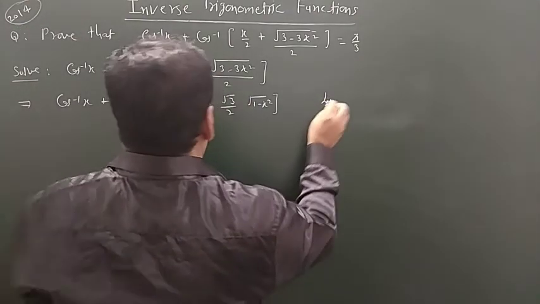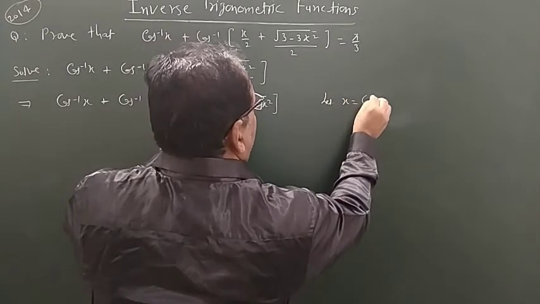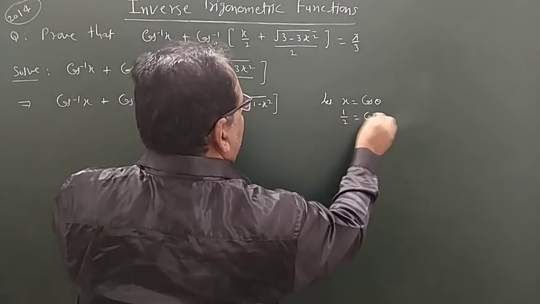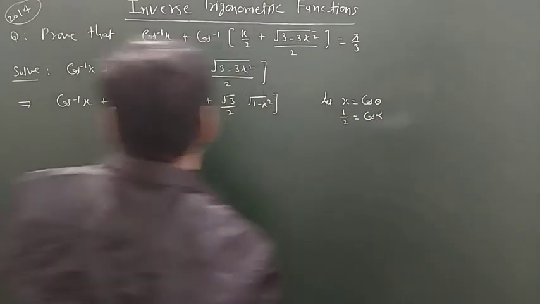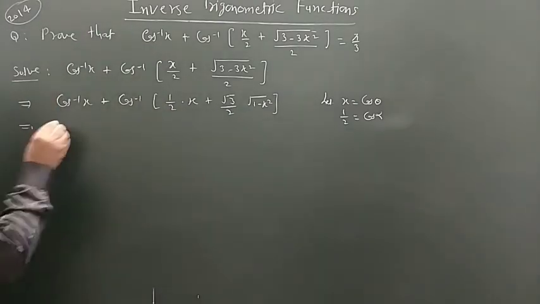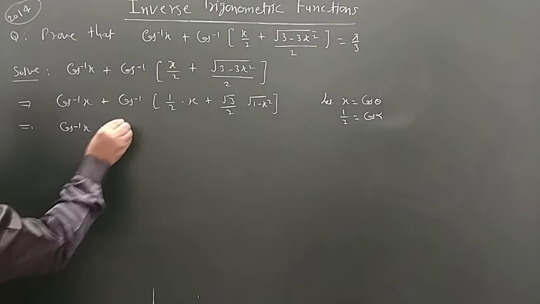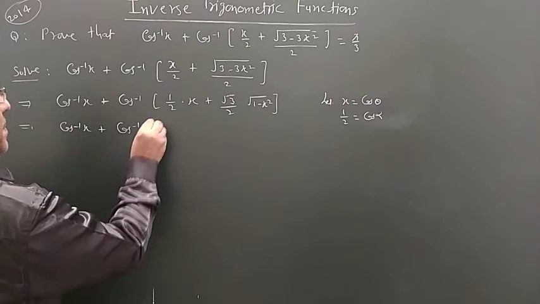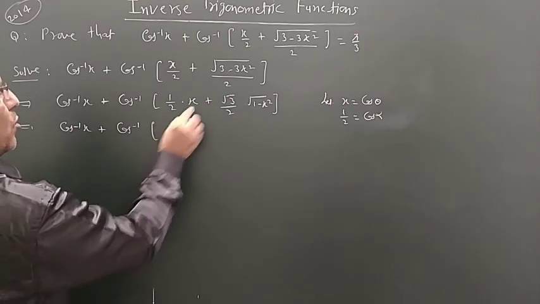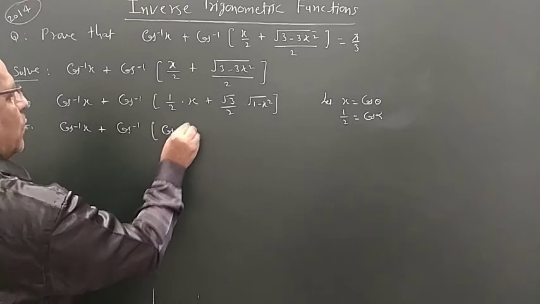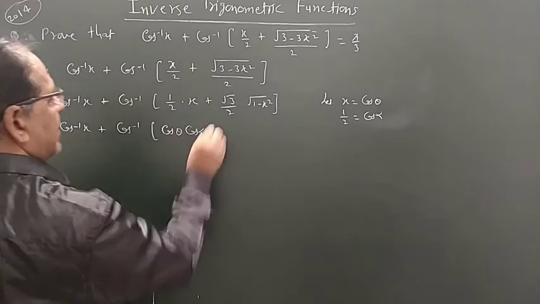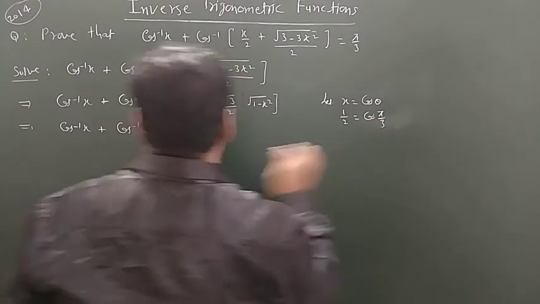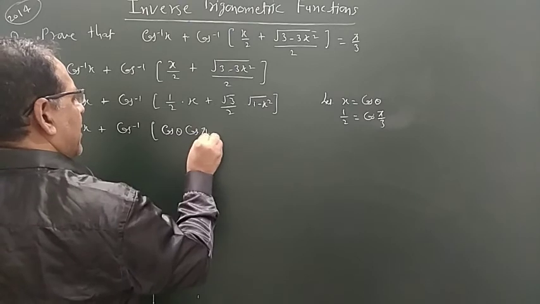Let x equal to cos theta, and 1 upon 2 equal to cos pi by 3. Sorry, not alpha, we take a value of pi by 3.